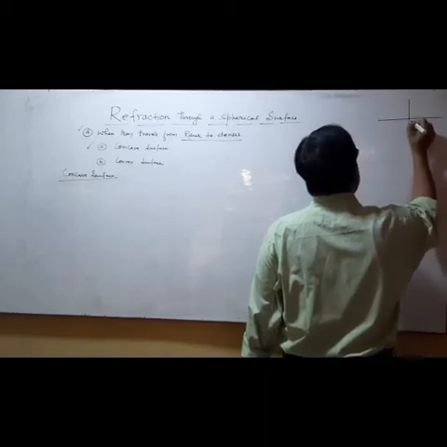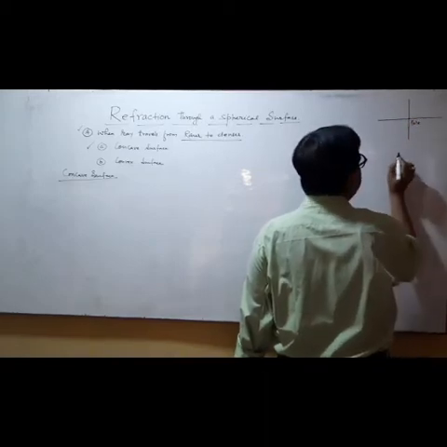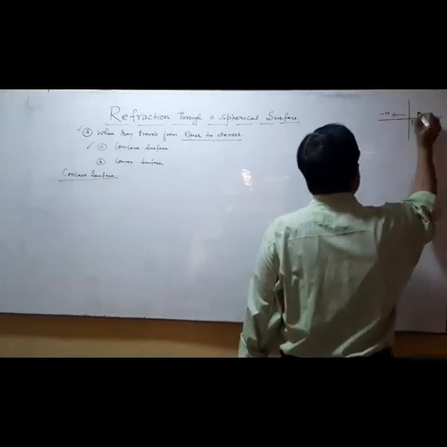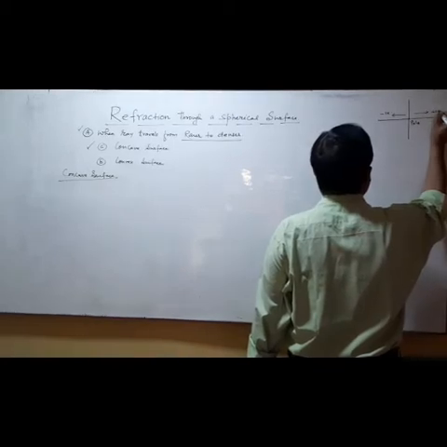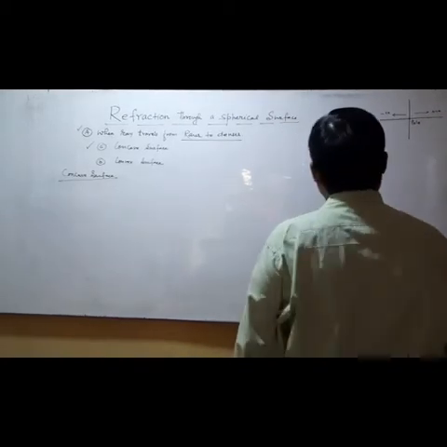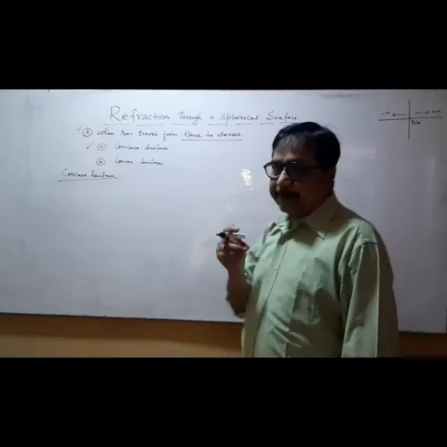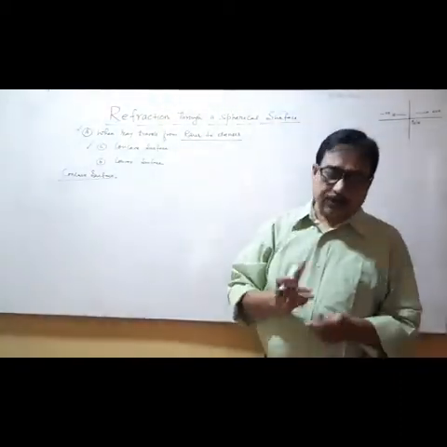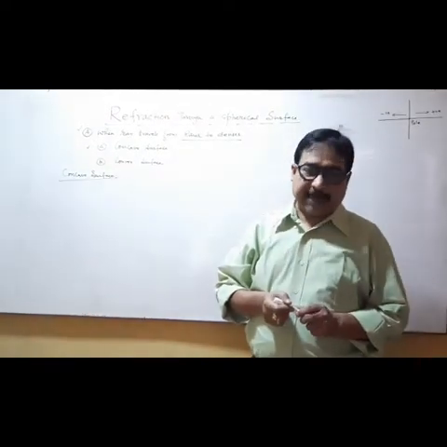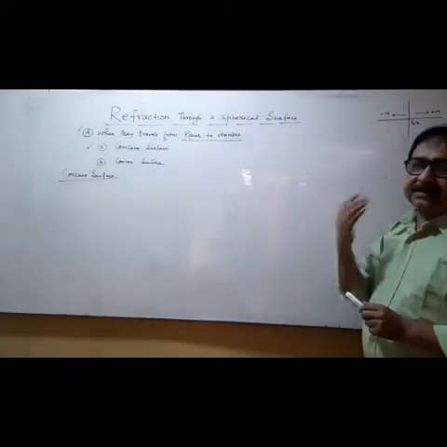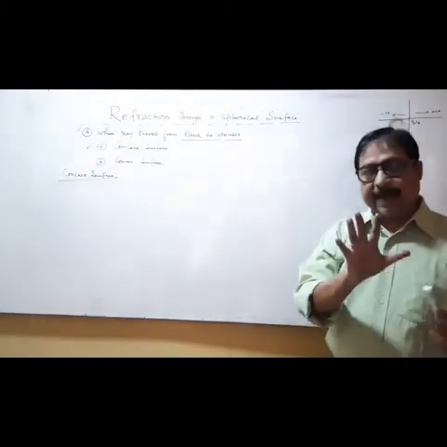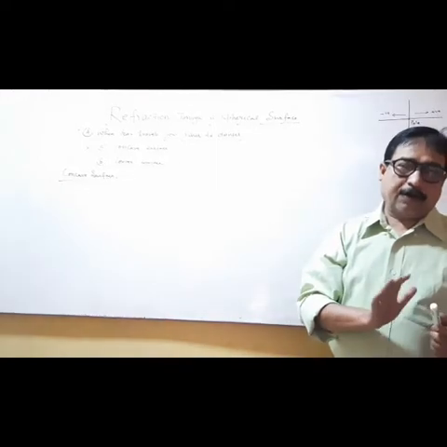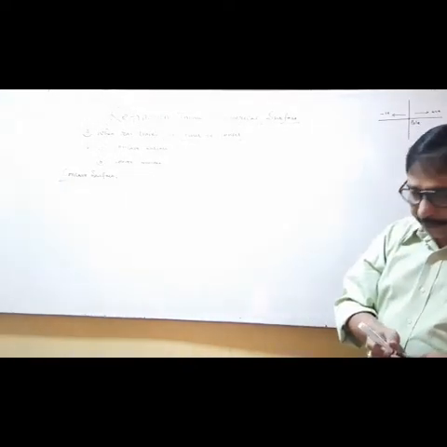Origin is taken as pole or optical center, and if we measure in this direction we are taking as negative, in this direction we are taking as positive, right? So the distance measured from optical center towards left hand side opposite to the direction of incident ray is taken as negative, and along the direction of the incident ray is taken as positive. This we have to consider always. This is called sign convention for optics.